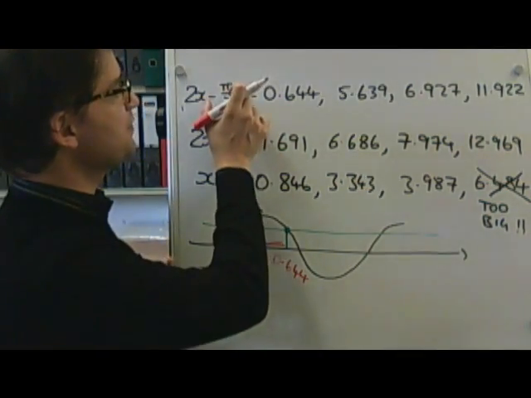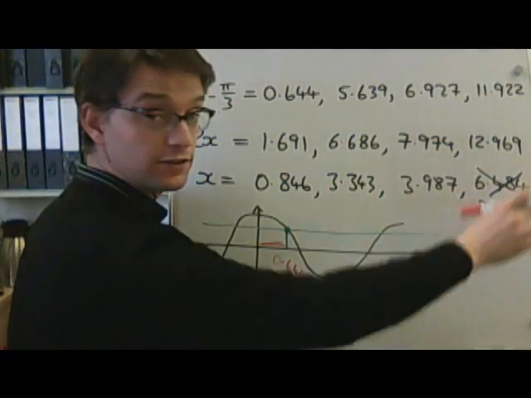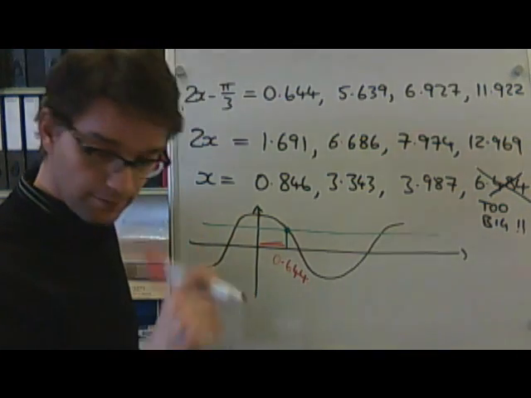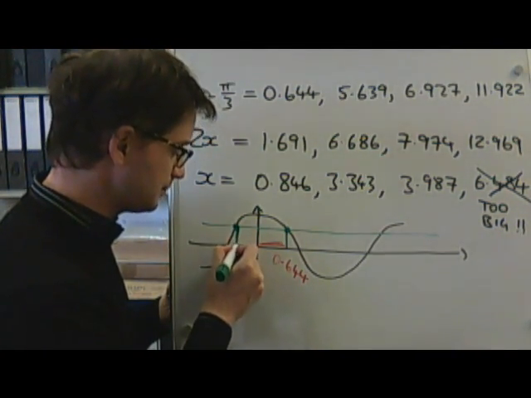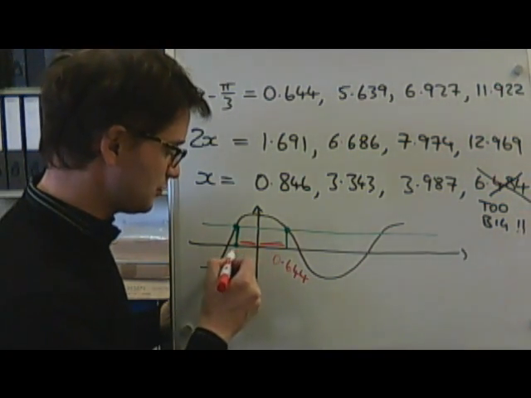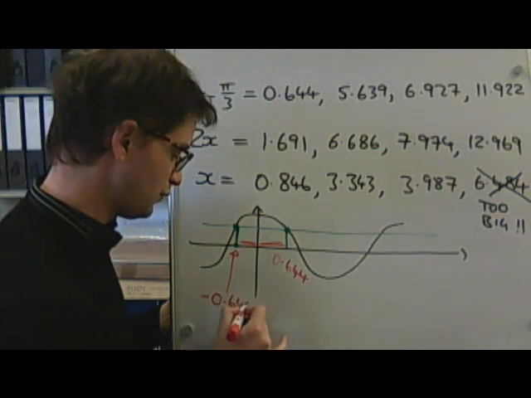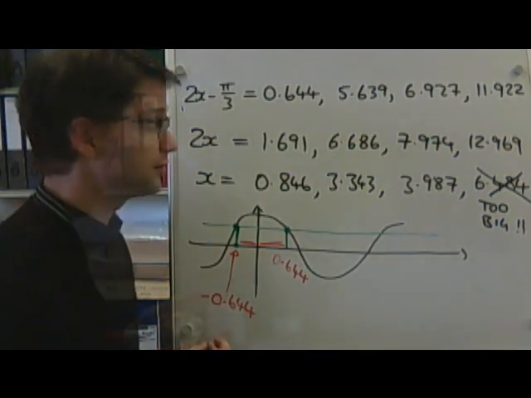What's happened is, when we've added the pi by 3 in at the end of these, we've shoved one of our solutions out of the range. So what I think I need is I need to be interested now in this value, using this bit of symmetry. So this value here is minus 0.644. And what that does is give me another solution.